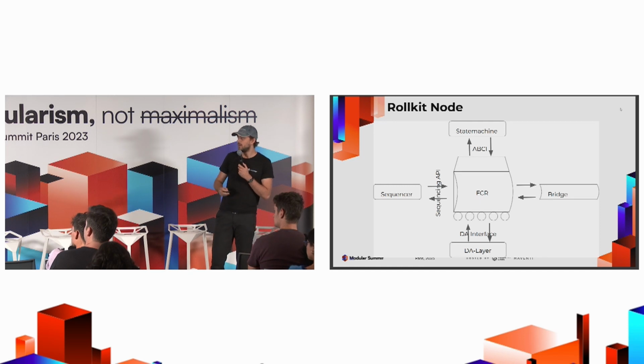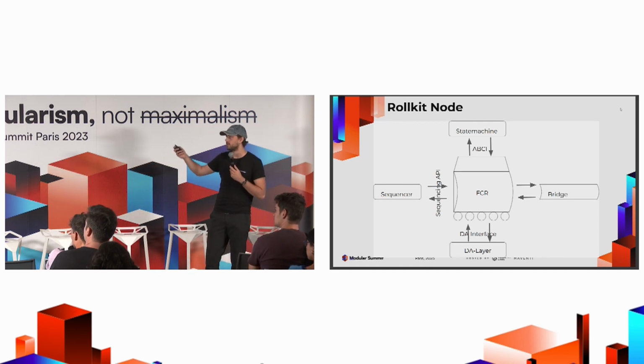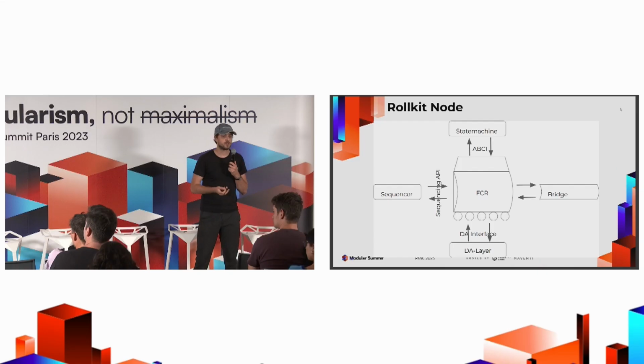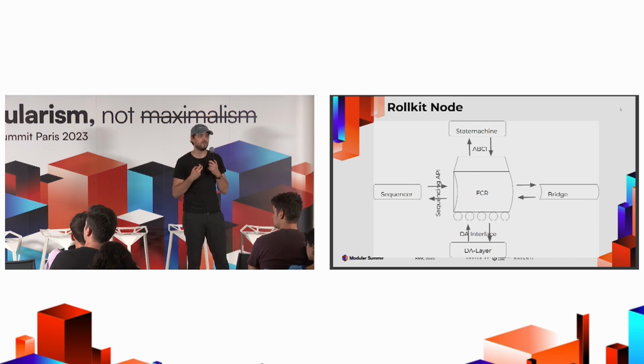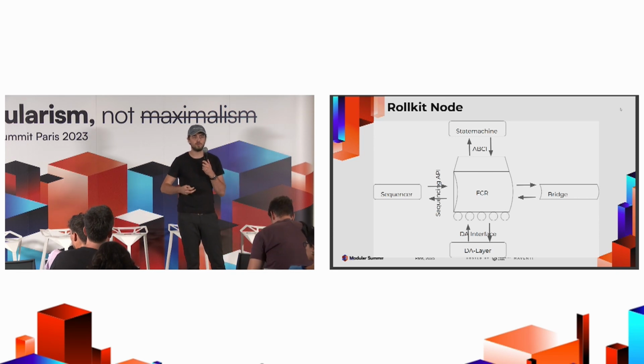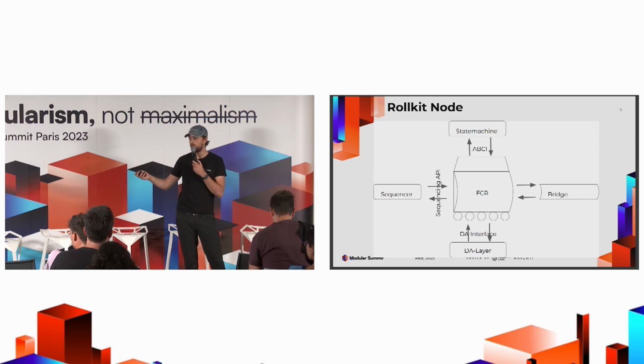To wrap up, we have the Rollkit node in the middle. We can talk to the state machine through the ABCI interface. We can talk to the sequencer through the sequencing API, to the DA layer through the DA interface, and through the bridge to something like IBC. And in the middle, we have the core, the fork choice rule, where we define how we want to follow the blockchain, how we want to interpret that, and how much power we want to give to those components.